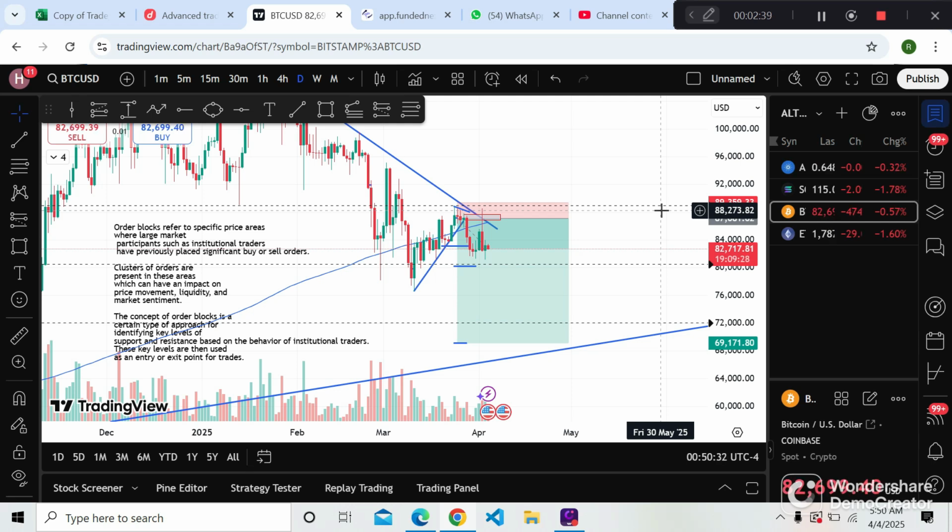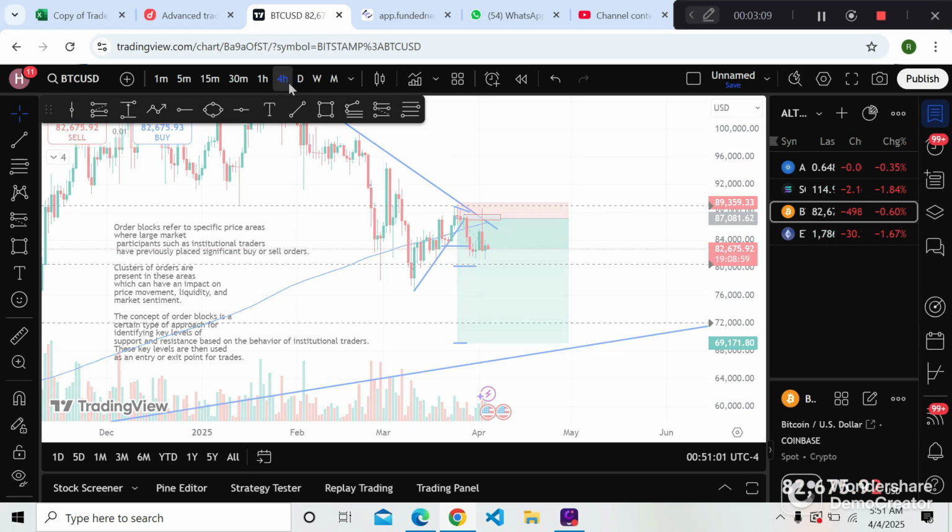If you have a strategy and you're trading only order blocks, then you're a clown to yourself. You need to put in different models. Order blocks can now be part of your model to improve your strategy, and that's fine.